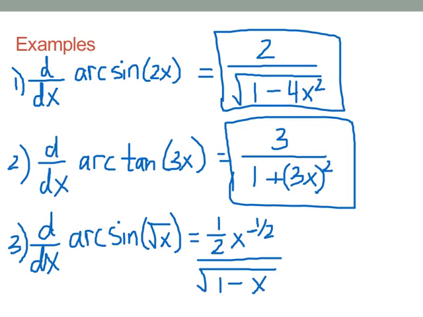And just to clean that up a little bit and simplify things, I could rewrite this as 1 over 2 times the square root of x minus x squared.